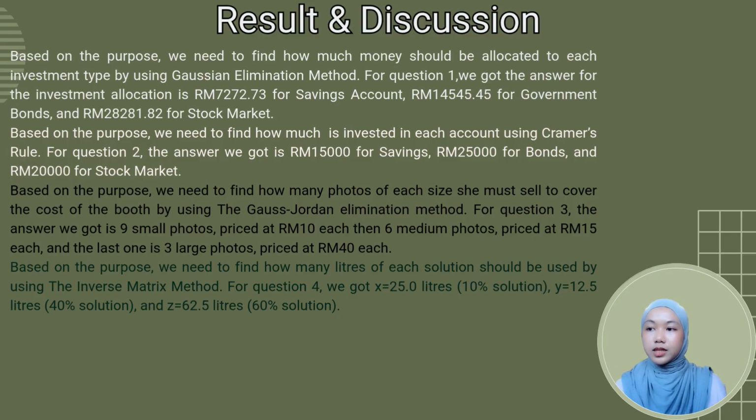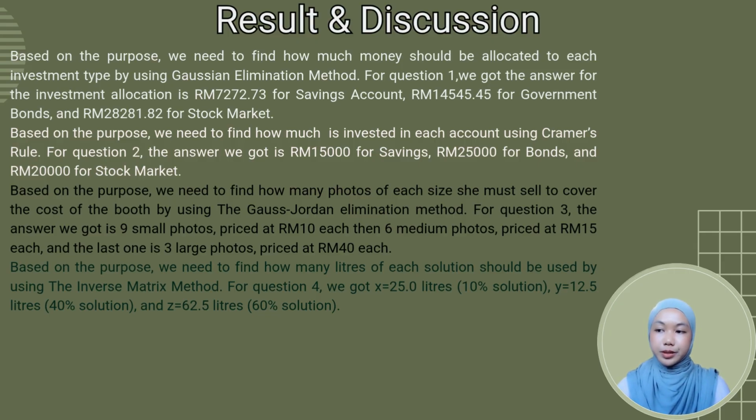Based on the purpose, we need to find how many photos of each size she must sell to cover the cost of the booth using the Gauss-Jordan elimination method. For question 3, the answer we got is 9 small photos priced at RM 10 each, then 6 medium photos priced at RM 15 each, and the last one is 3 large photos priced at RM 40 each.